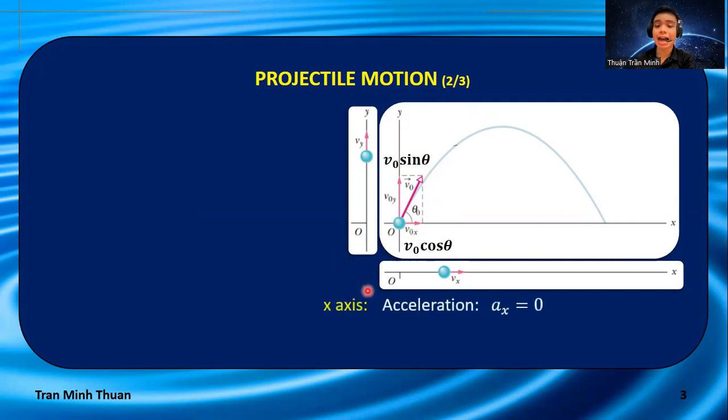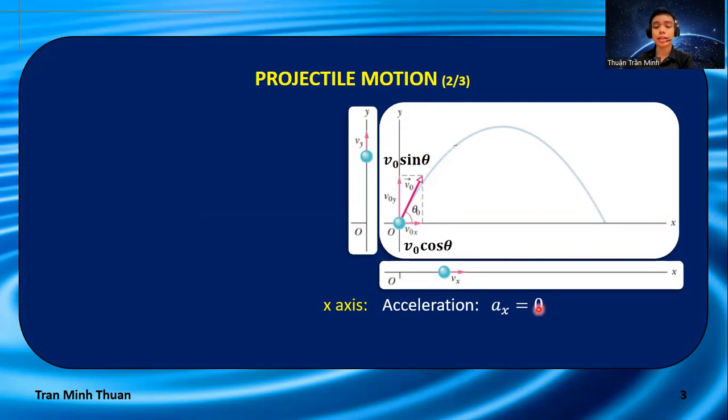On the x-axis, the acceleration of the object equals 0, which means the object is in uniform linear motion.